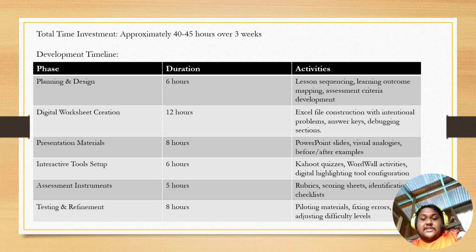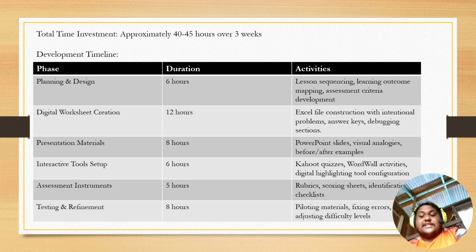You can see the activities there. The second, digital worksheet creation, which took 12 hours. Presentation materials, PowerPoints, 8 hours. Interactive tool setup, 6 hours. Assessment instructions, 5 hours. And testing and refinement, 8 hours to make each lesson almost perfect.